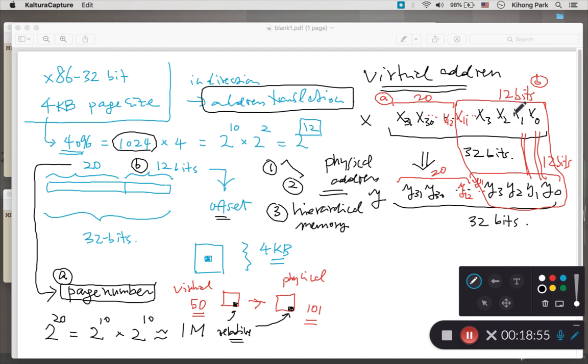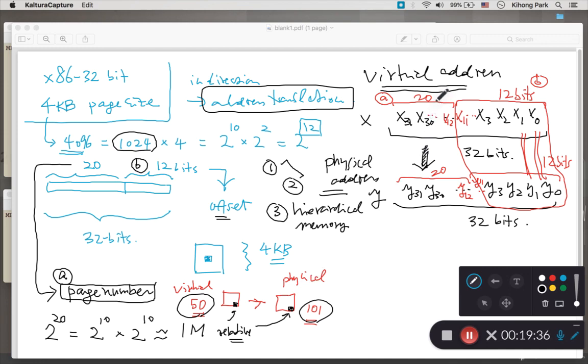And so we have the benefit of just leaving these 12 bits intact during address translation. That's our address translation here from virtual address to physical address. The only thing that we need to change are the higher order 20 bits. These 20 bits must change to these 20 bits, which is tantamount to saying that this virtual page number in the virtual address space is now translated to a different page number in the true physical space.